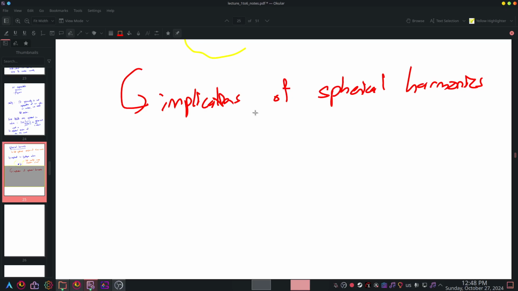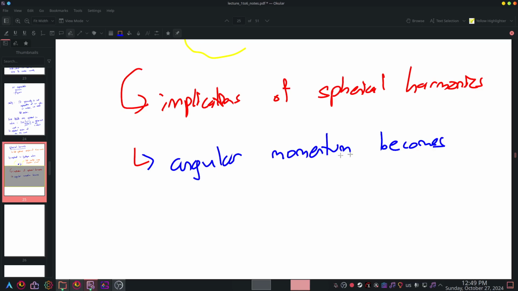One thing is that angular momentum becomes important. This is governed by the number L in the spherical harmonics.